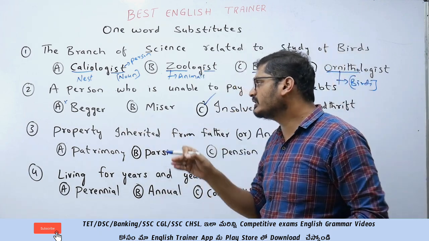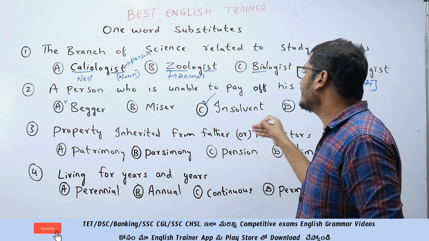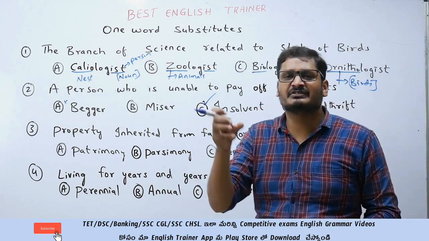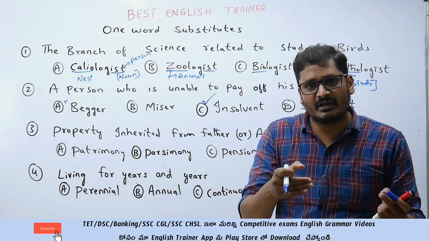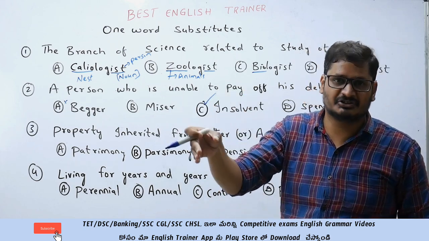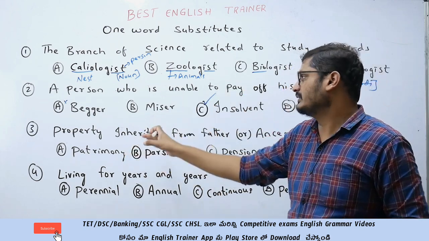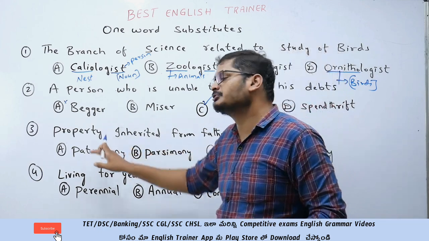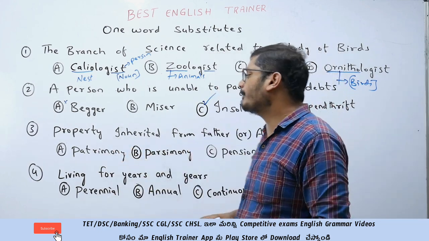Okay. Now let's look into the third question. Property inherited from father or ancestors. So if a person has received property from his parents or ancestors, what do we call it? We have four options over here. The first option is patrimony.